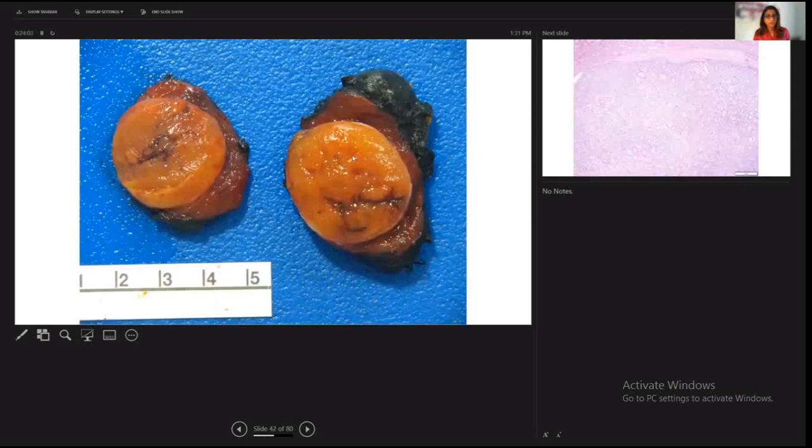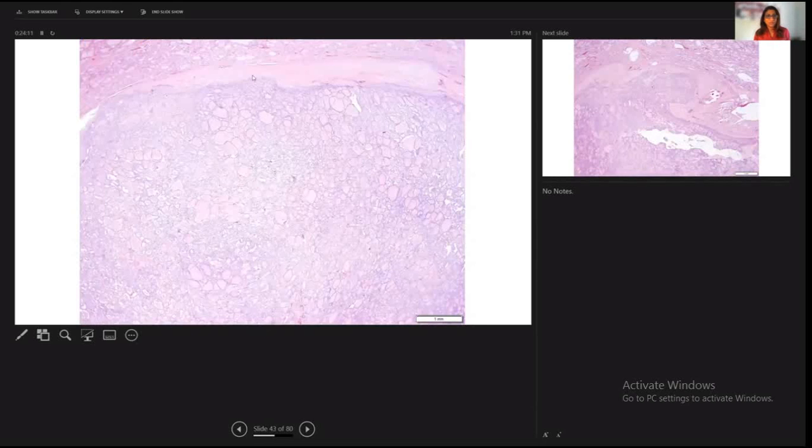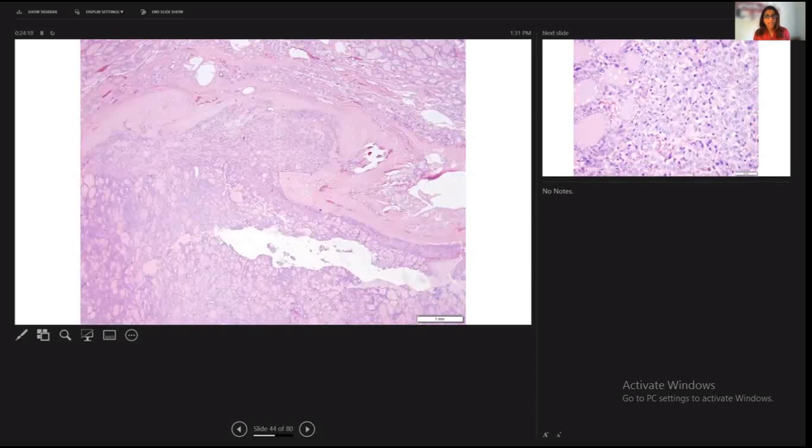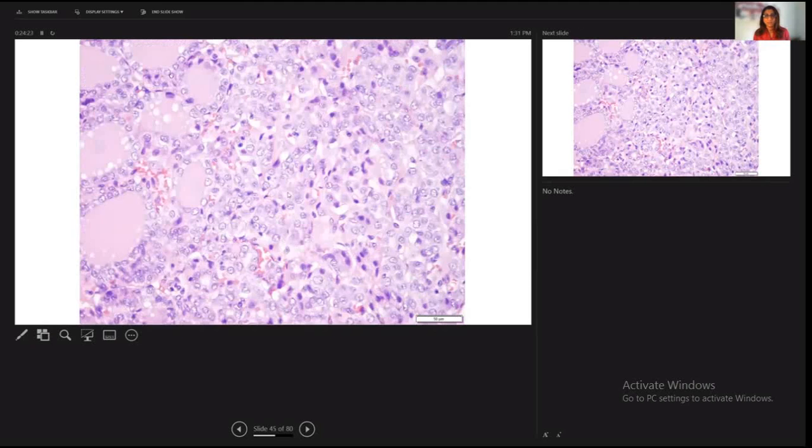So this did come out, and we can see it was 3.3 centimeters, a little bit above a 3 centimeter nodule. And you can see it has a thick capsule, sort of, but something seems to be going beyond this capsule. There's a little bit of encroaching. And as you can see, the tumor is slightly pushing itself out of this capsule.